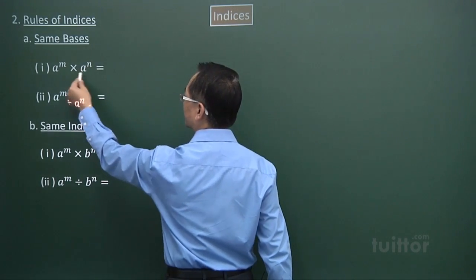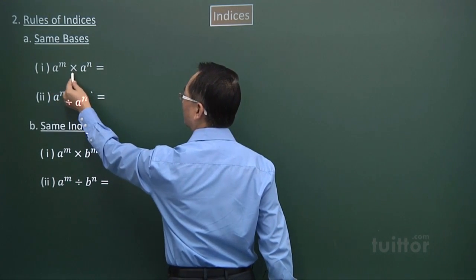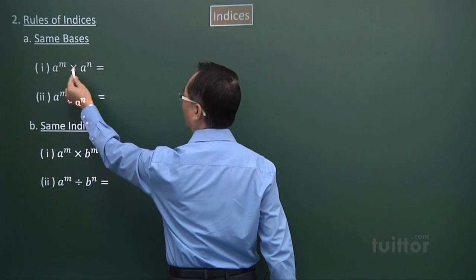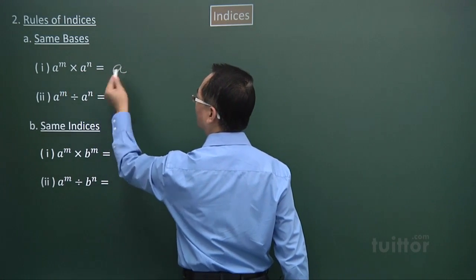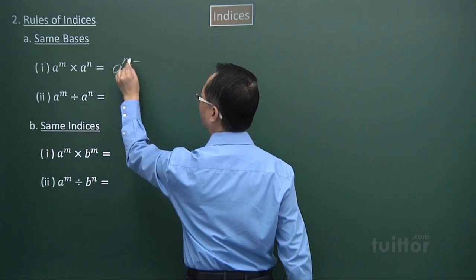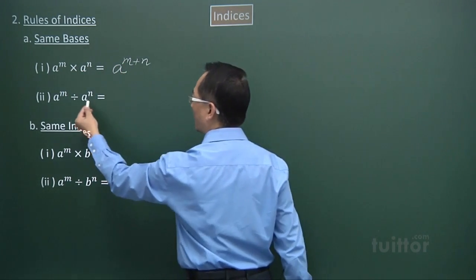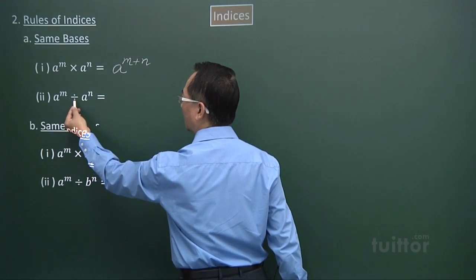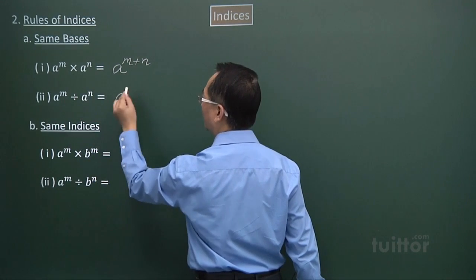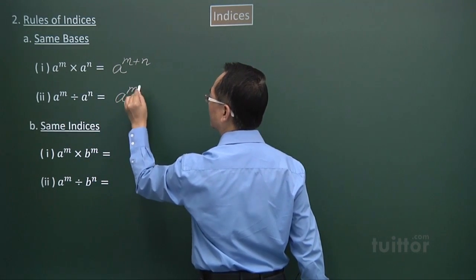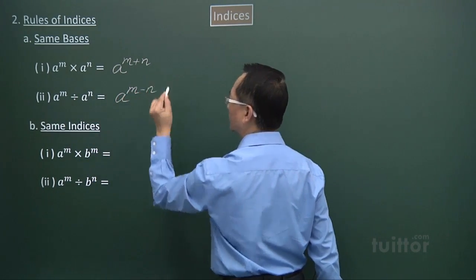Same bases, multiplication or product, then we have a to the power of the sum of the two indices. Same bases, but quotient or division, then we have a to the power of the difference of the two indices.